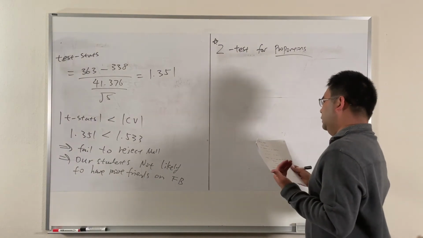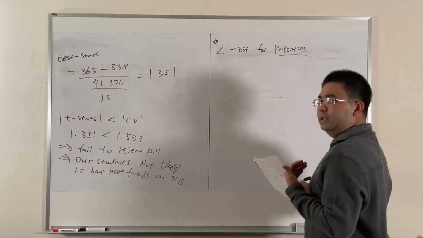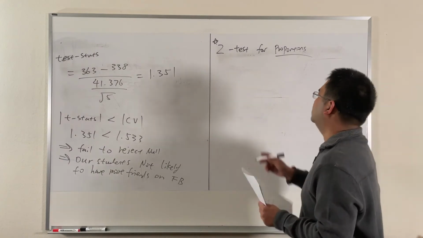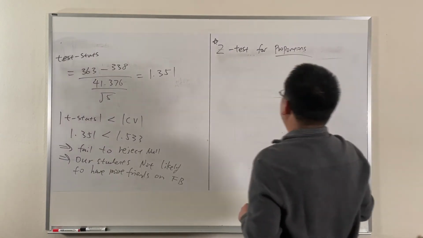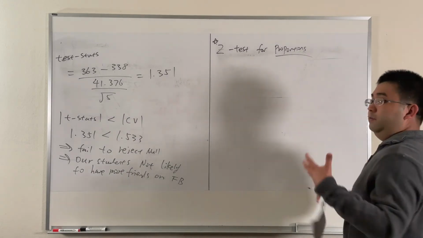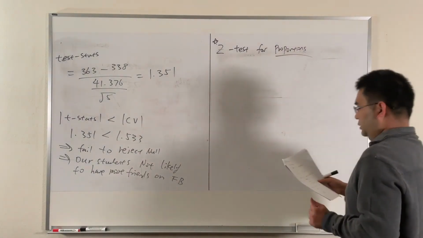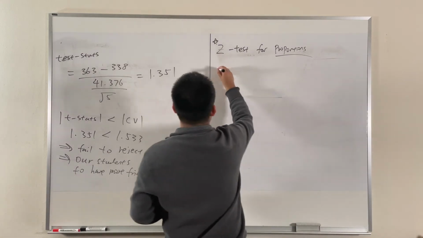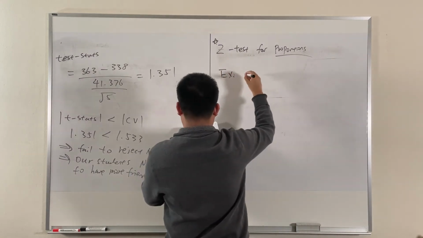Let me give you an example to do this. The concept is the same, but instead of checking for values, we're checking proportions.